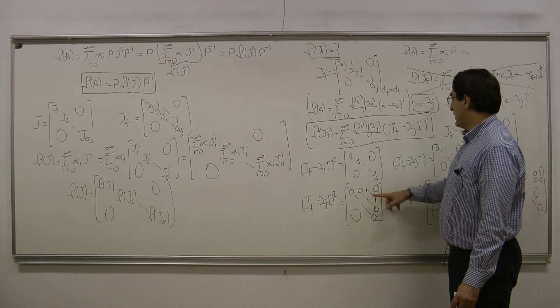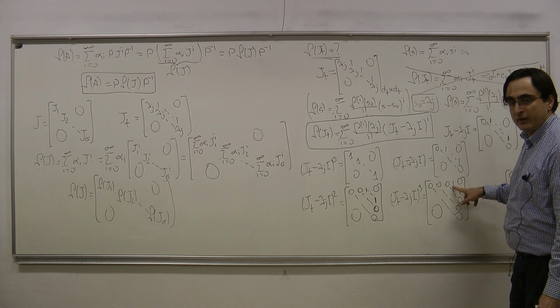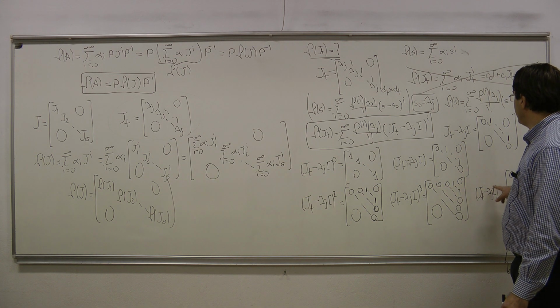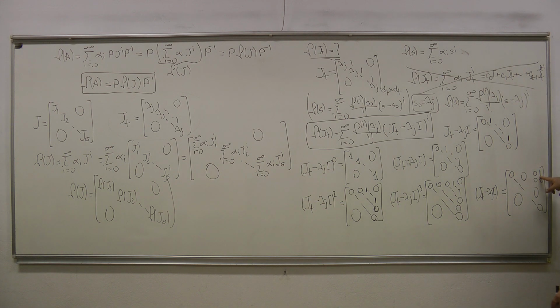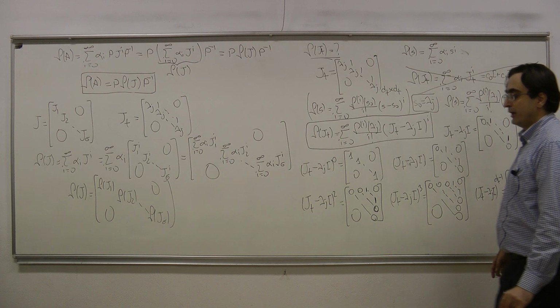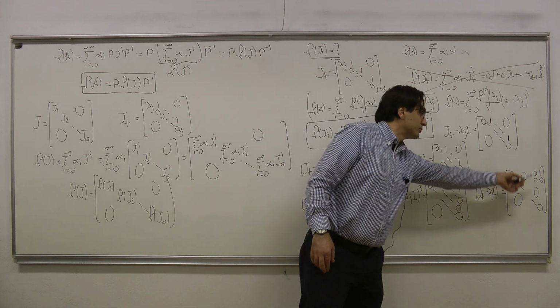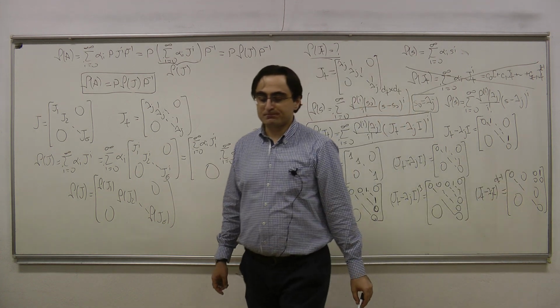In power 3, this one is in the fourth element. At which power is this one in the last element of this row? The last element is the d_t-th element, so the power is going to be one less: d_t minus 1. So the (d_t minus 1)-th power of this matrix would be just this matrix.